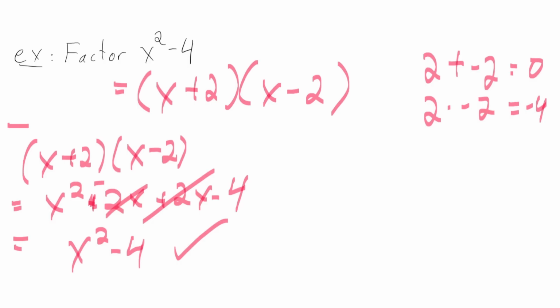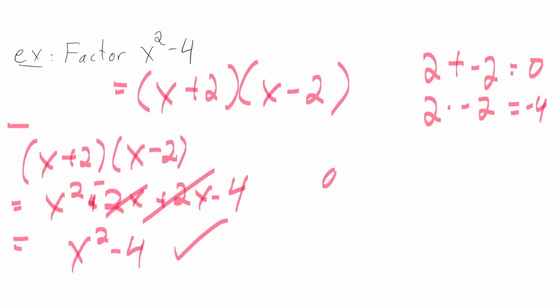Okay? So in this case, even though there's no coefficient on x, right, this is of the form ax squared plus bx plus c, where b is equal to 0. So even in this special case, you can still factor. And of course, we could have also used the quadratic formula to find roots of this polynomial.